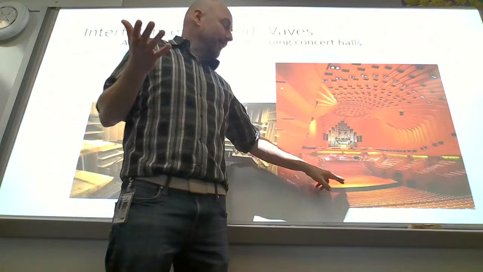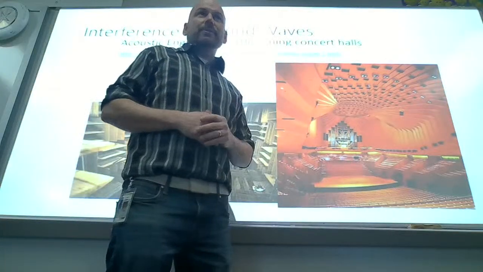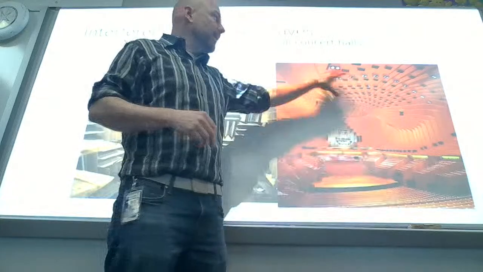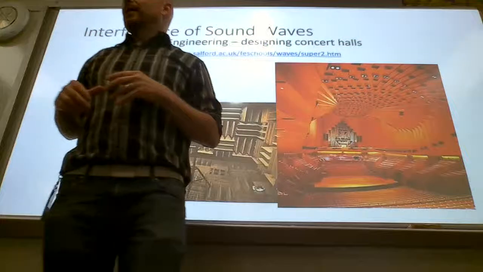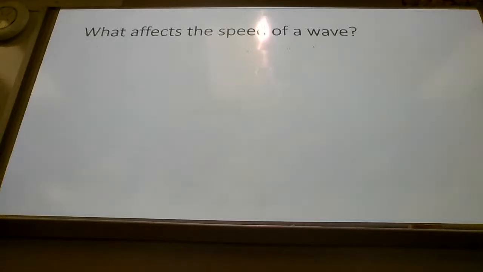Evidently I've never been there, but if you drop a pin anywhere on the stage, you can hear it anywhere in the audience or the auditorium because of this architecture. It prevents destructive interference. Cool.